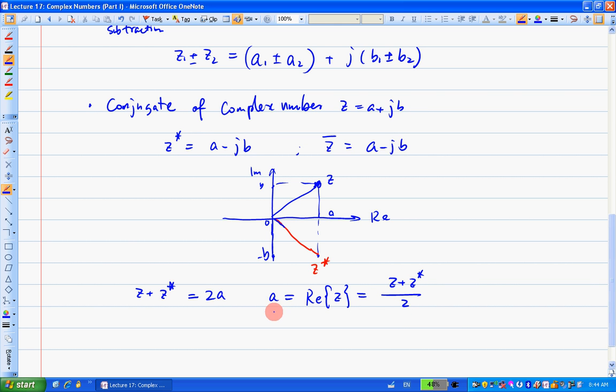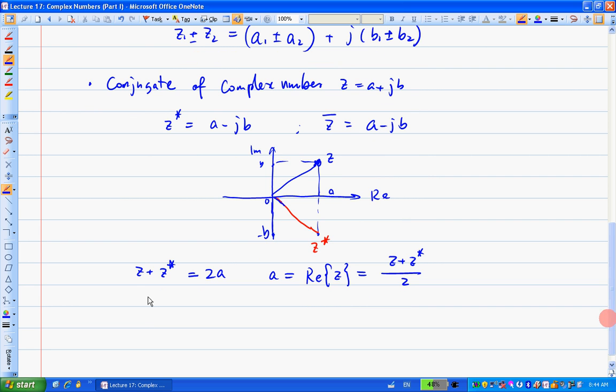Okay? So just remember the fact. A can be extracted from the addition of Z and its conjugate divided by 2. Similarly, if you subtract Z star, you get 2jB, and then B, which is the imaginary part of Z, equals (Z minus Z star) divided by 2J.